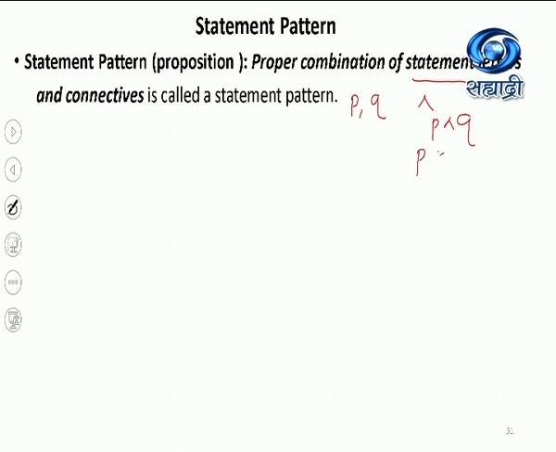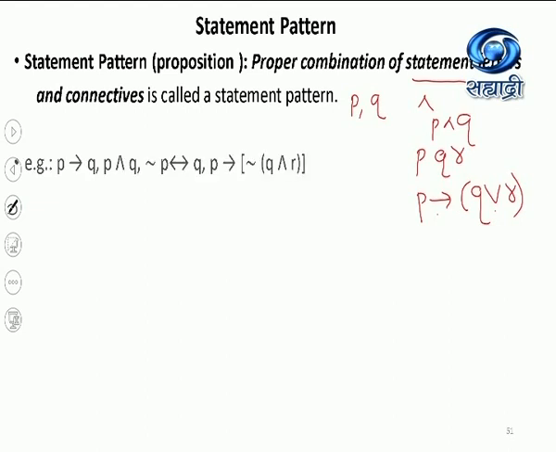If we have 3 statements P, Q, R and I use the connectives between them as P implies Q or R, what am I doing? I'm using the statement letters P, Q, R and 2 connectives, implication and disjunction. So P implies, inside the bracket, Q or R is known as a statement pattern or proposition. Obviously, these are a few examples for your reference.